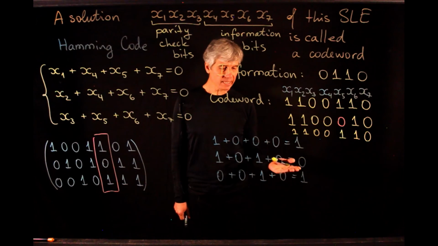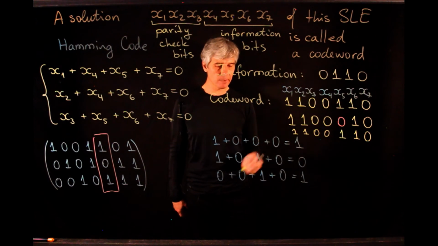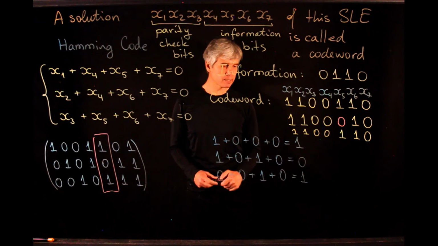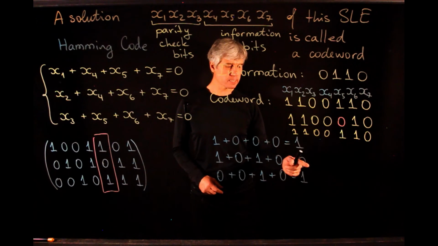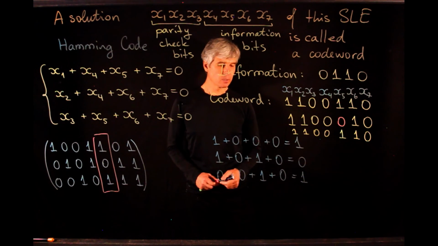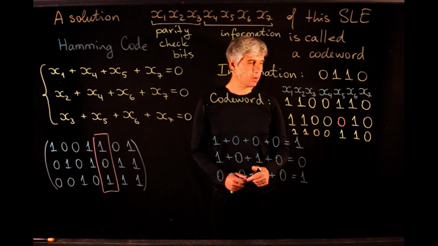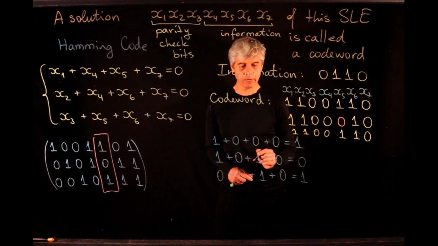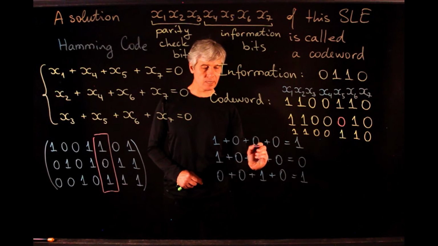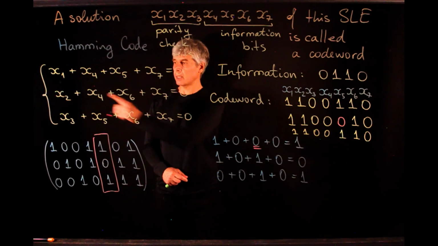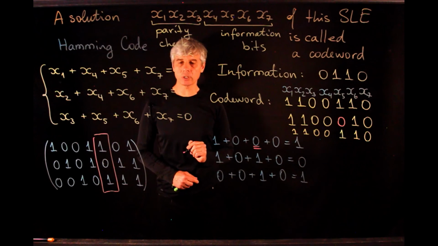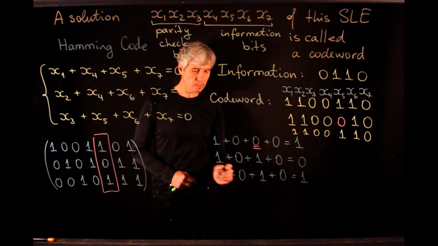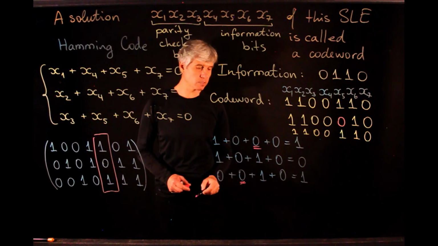Now, why did it happen? Why does this method work like this? Let's see. What was the reason why we got 1s in the right-hand side here? We got 1s because of the incorrect value of x5. So where is x5 here? Here we have x5 is this value. Then the second equation has no x5. And in the last equation, our x5 is here.